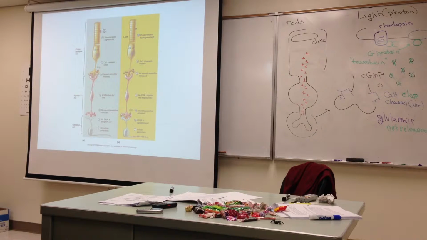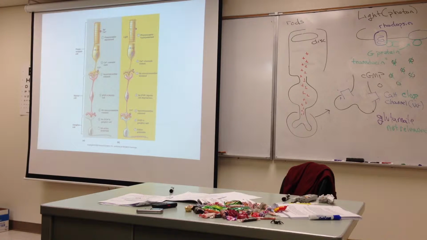In the light, the photoreceptors are hyperpolarized, calcium channels are closed, and neurotransmitters are not released. This is partially correct, because it says glutamate causes an IPSP, an inhibitory postsynaptic potential. So when glutamate is not released, no IPSP is created and the cell depolarizes. It's true, but it depends on the cell. So I want to diagram that for you, okay?